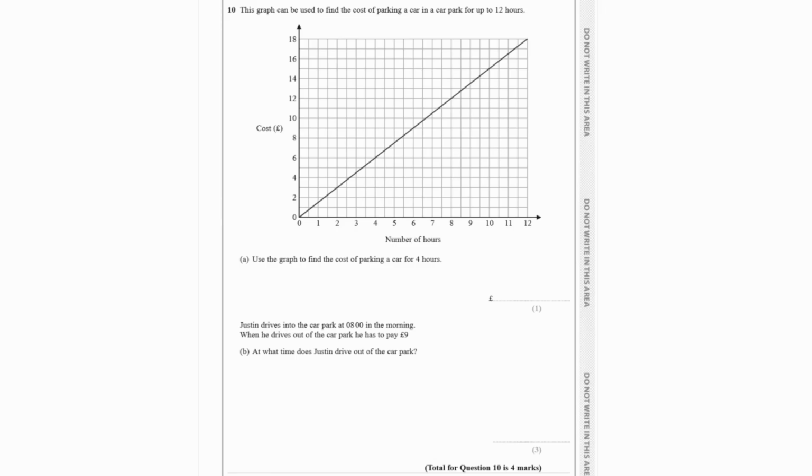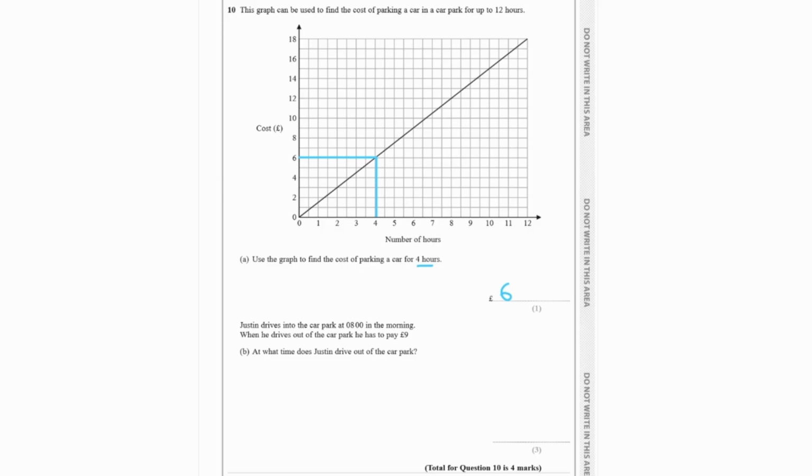So if we're looking for how much it was to park it for 4 hours, we first have to identify where the 4 hours is on the x-axis, and then we can take the ruler and draw a straight line going up from 4 until it meets the graph, and then look at the corresponding value on the cost axis, and that is £6.